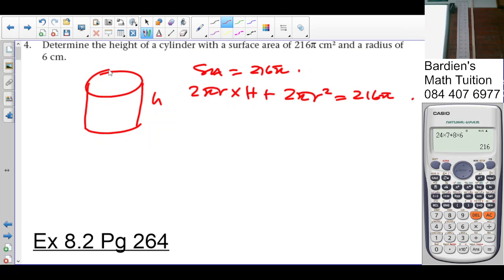So this has a radius of 6 centimeters. So it's 2 pi times 6 times the depth of the object, which is h, plus 2 pi 6 squared is equal to 216 pi.